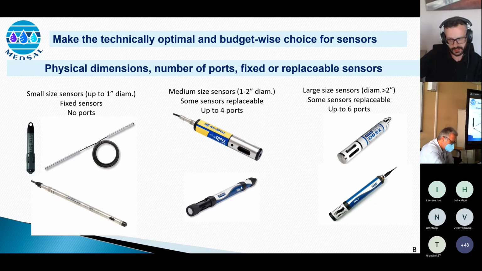Then we have the medium size probes, which have a diameter approximately between 1 and 2 inches. Some of the sensors might be replaceable, and they usually can host up to 4 ports. Finally, we have the large sensors with diameters higher than 2 inches. They also have some replaceable sensors, and they can accommodate usually up to 6 ports.